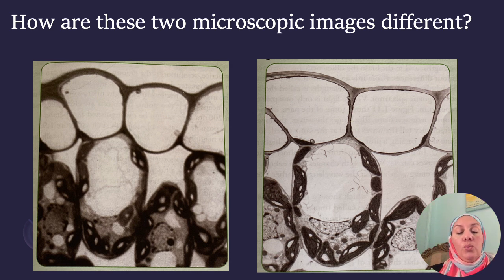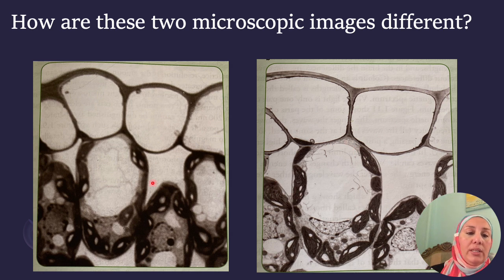Okay? And why do we say that? Because, well, we can see more clearly. Things are not blurry as they are seen in the left photo. So we can see chloroplasts, and actually I can see starch grains inside these chloroplasts. Here we have a nucleus, and this big structure filling up most of the cell.